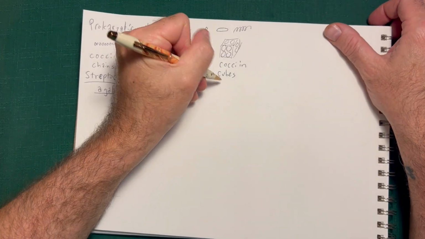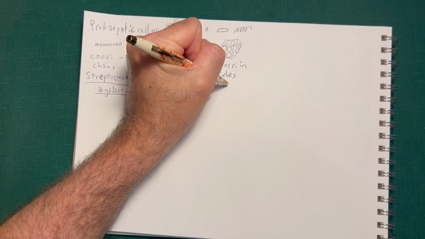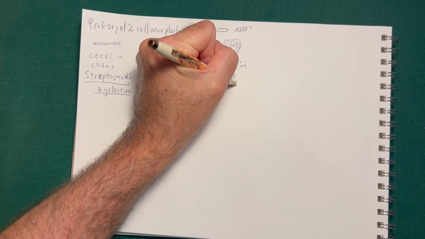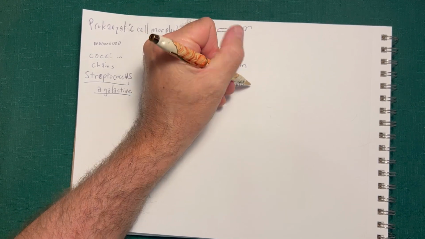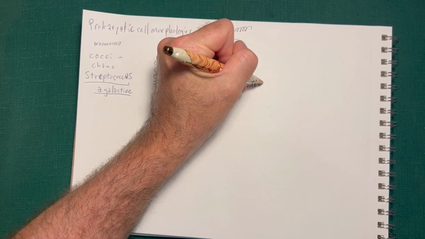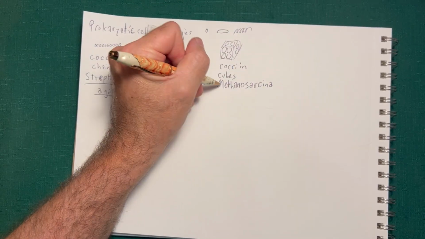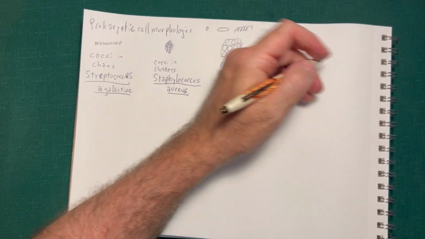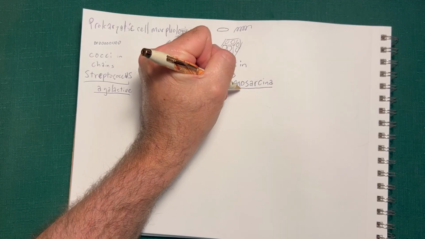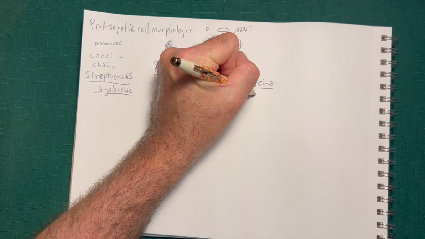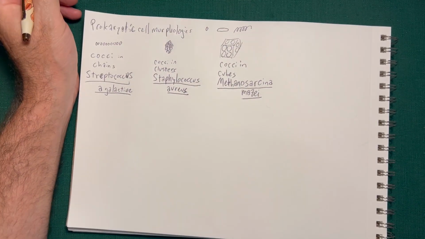And this is something that we see, for example, in a group of methanogens, or methane producing prokaryotes called Methanosarcina mazei.